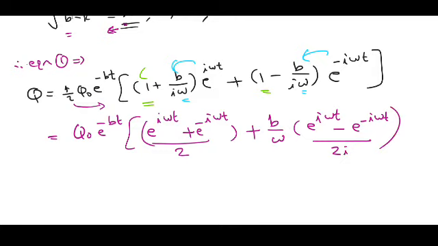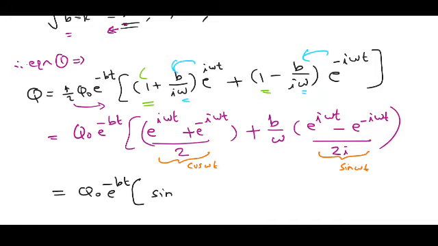Fine, that is, this is equal to, here another change, this will be replaced by cos omega t, and this can be replaced by sin omega t. This is equal to q0 into e power minus bt into cos omega t plus b by omega sin omega t.